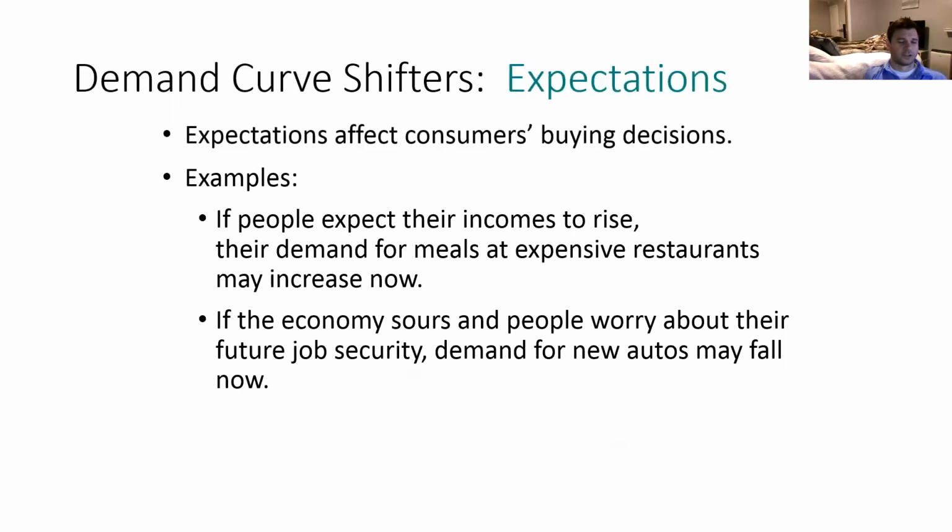If I think prices are going to be more expensive in the future, then that could cause me to want to buy more today. Or perhaps I expect decreased prices in the future. If I know prices are going to be cheaper later on, then I maybe want to hold off on my consumption until prices decrease, and that would show up as a reduction in my demand, a leftward shift in my demand for the product today.